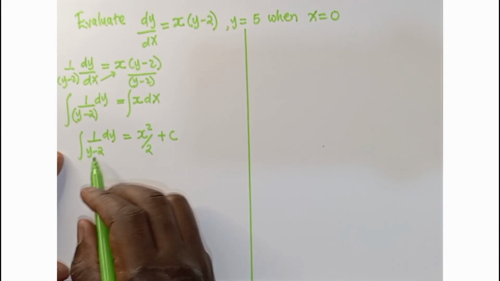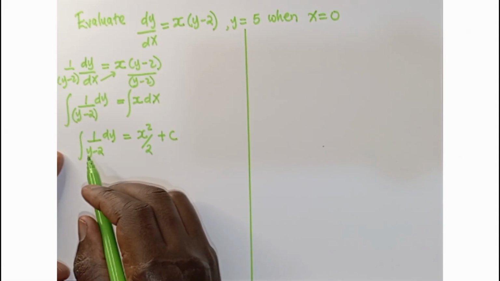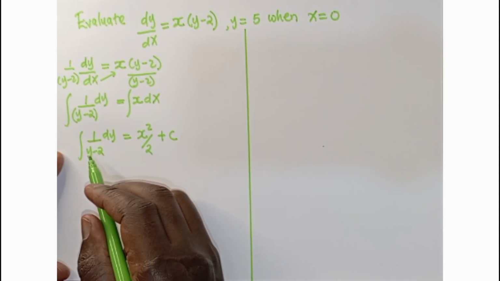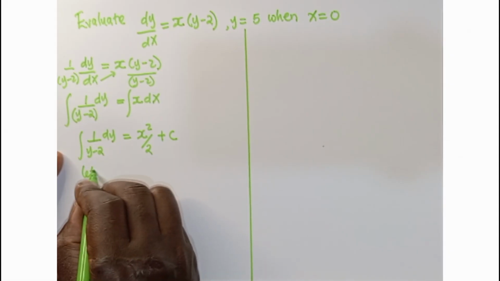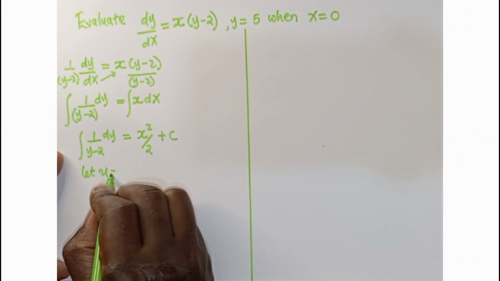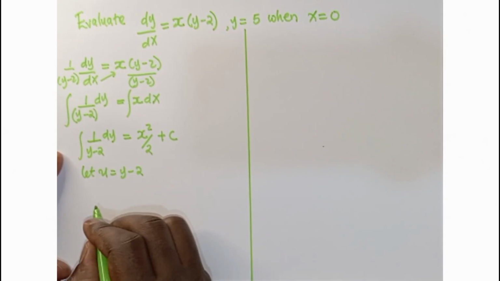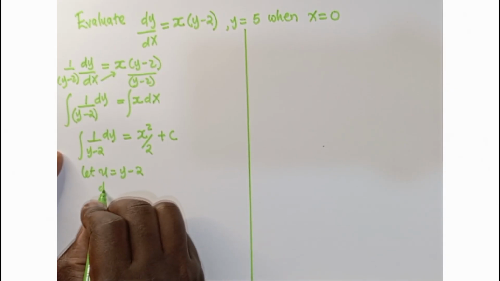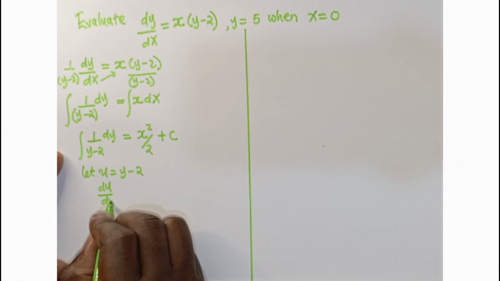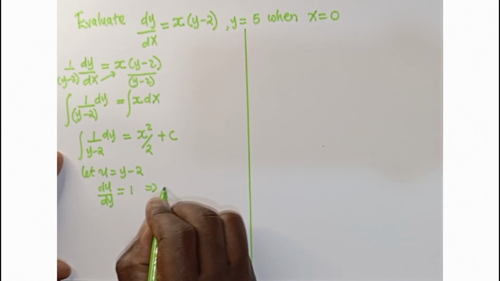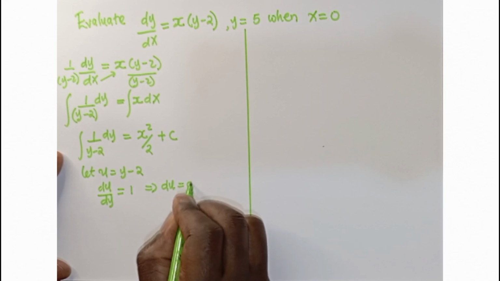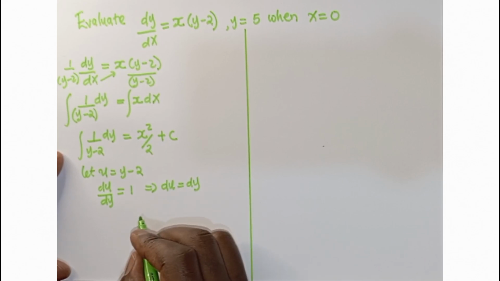Now to deal with this, we use the letting knowledge, which is change of variable. So we say let, for example, u equal to y minus 2. du dy is actually equal to 1. This means that our du is equal to dy.